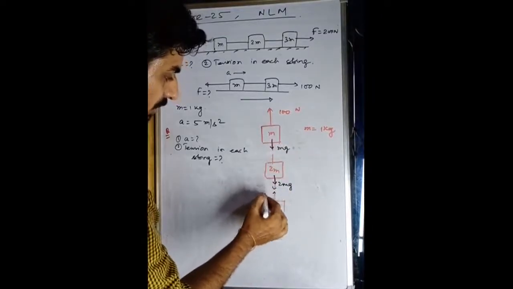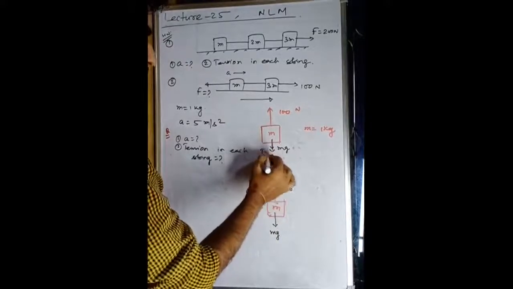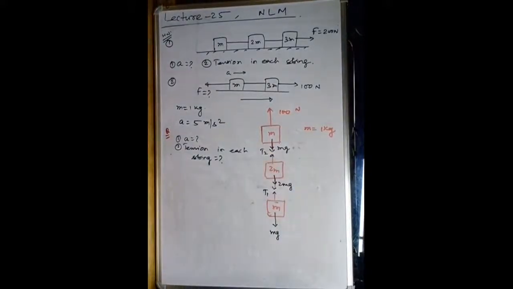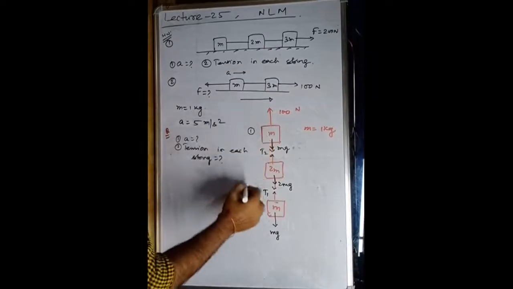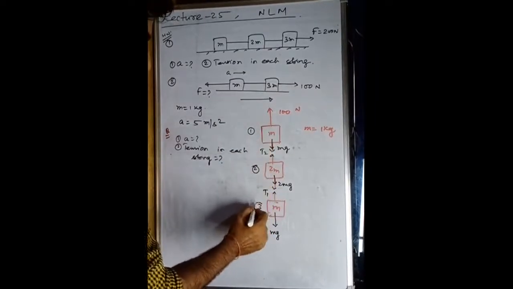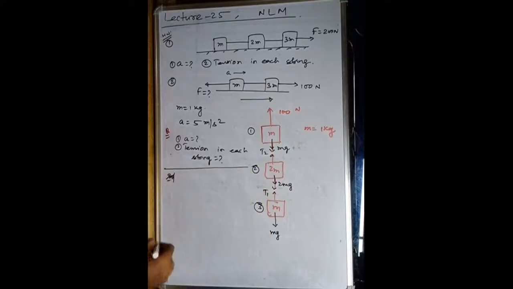So tension in one string, suppose T1, tension in the other string, suppose T2, and nothing more do we have about this system. One by one we will do the free body diagram. So this is 1, 2 and 3.